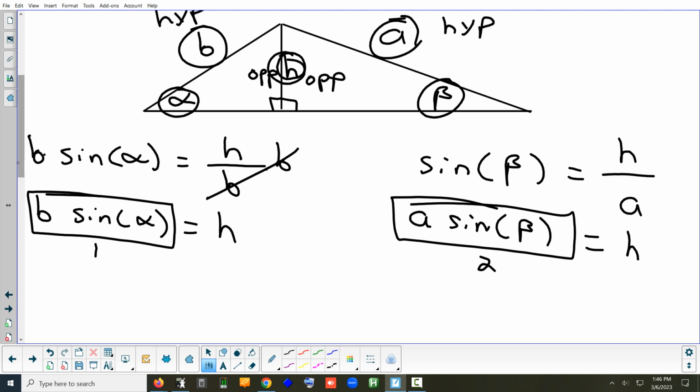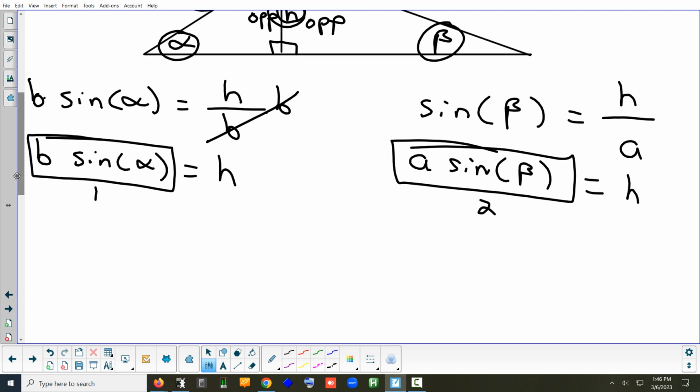Box 2 is a formula that gives you the height of that triangle. So, what do you know about box 1 and box 2? They're the same thing. They're 2 different ways of finding the same thing in that triangle. So we know that box 1 and box 2 are equal.